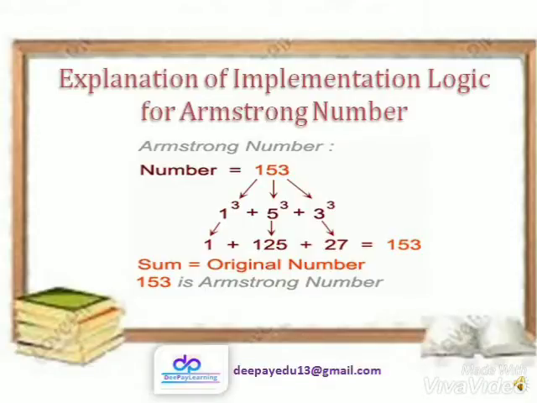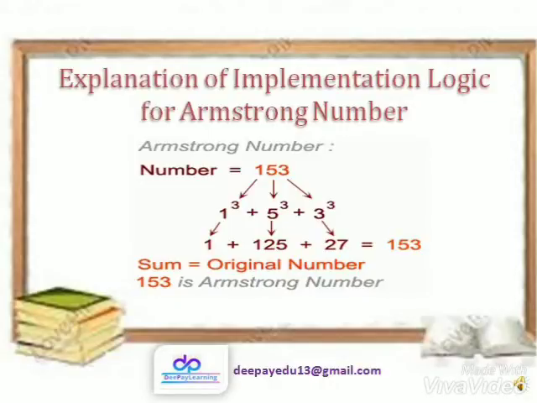Since this sum 153 is equal to the original number, 153 here is an Armstrong number. This is depicted in this algorithm diagram. Here the sum is equal to the original number, so 153 is an Armstrong number.